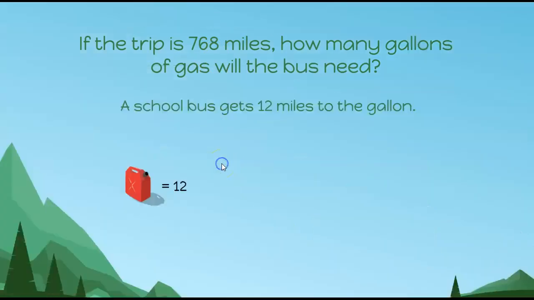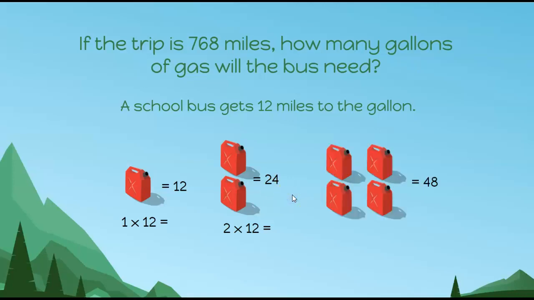Let's visualize this. So we said 1 gallon of gas will get us 12 miles. So that's 1 times 12. 2 gallons of gas will get us 24 miles, right? 2 times 12. 4, double it again, 48. So it seems like we're multiplying some number of gallons.